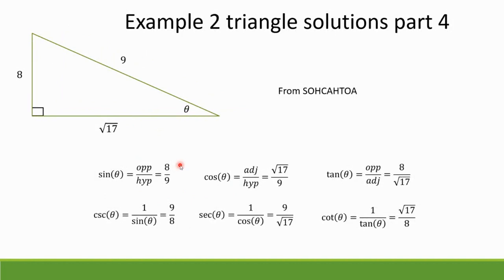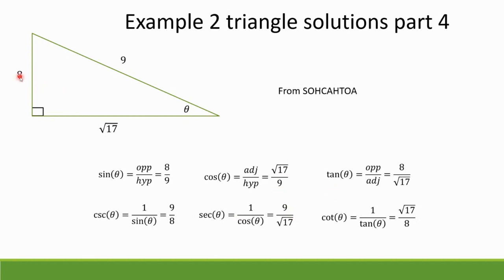All right. So once you get all the sides, you're essentially done. You just use the definitions. You use SOHCAHTOA and the reciprocal identities. We know what sine and cosecant are. Cosine of theta is adjacent over hypotenuse, so that's radical 17 over 9. Secant is 1 over cosine, meaning you flip this to get 9 over radical 17.